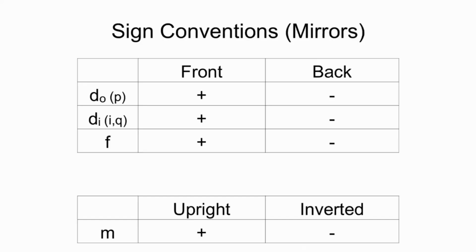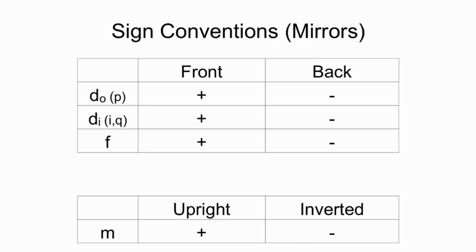There's the focal length. My object is outside the focal length. It was 40 centimeters, my focal length's 30. I'm going to get some kind of inverted, real image. Whether it's magnified or reduced, that's going to come out in the math.